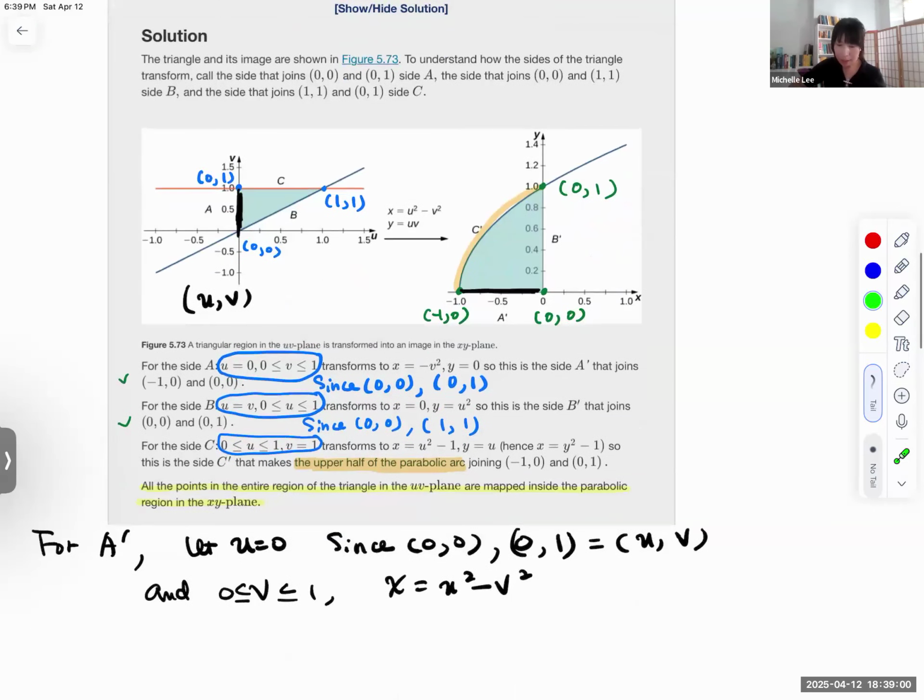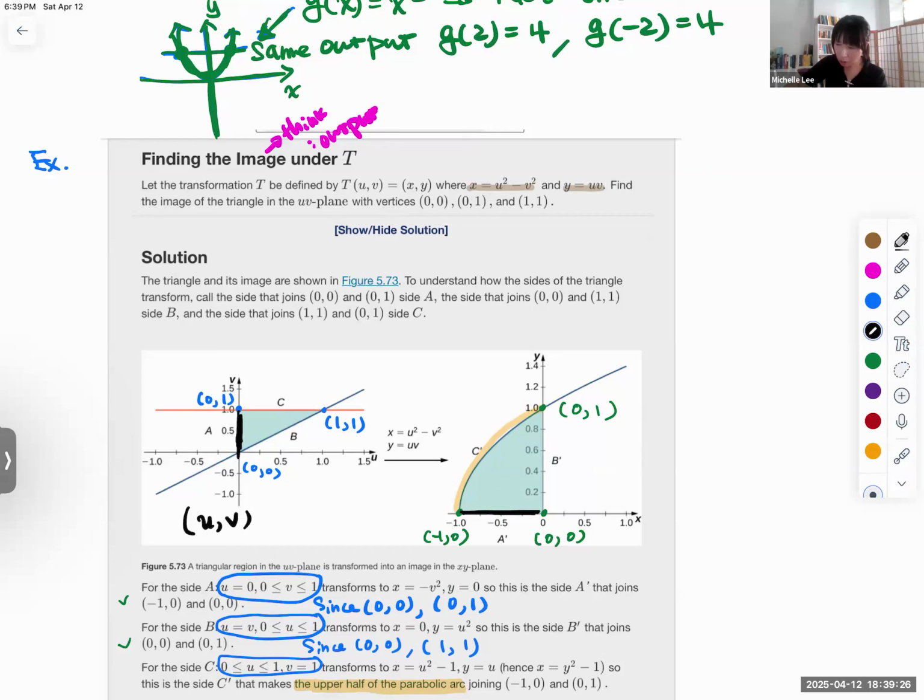Then u equal to 0, so we will have 0 minus v squared, which is negative v squared, right? All right, so what about the y? Let's take a look at y. y equals uv, right?